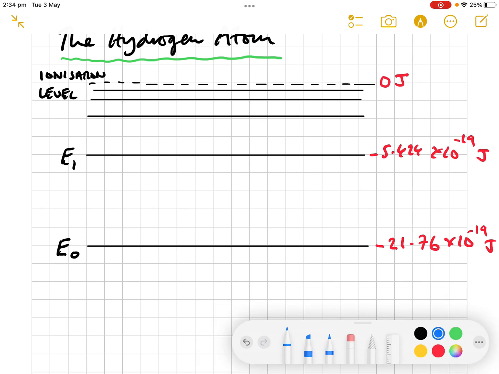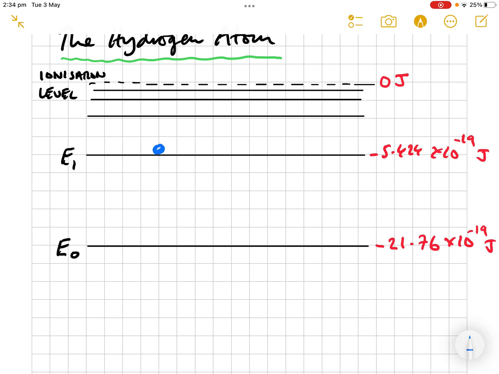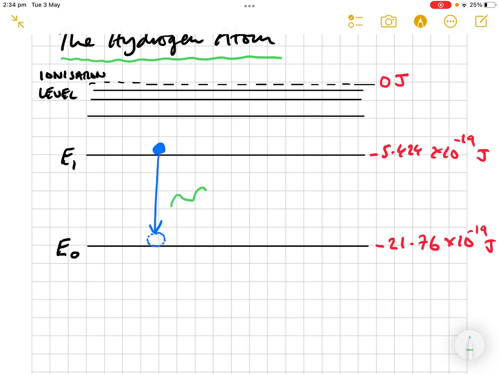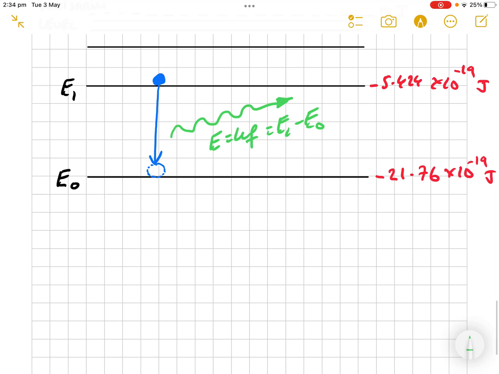So if you were asked, what's the energy of the photon released when an electron in a hydrogen atom falls from the first excited state to the ground state? There's our photon released, E = hf, which is E1 minus E0, the difference in those two levels.